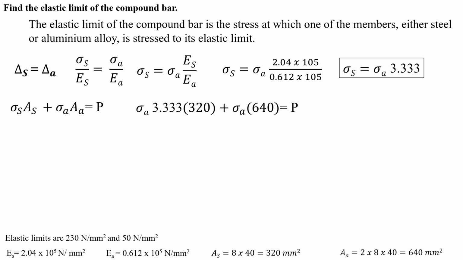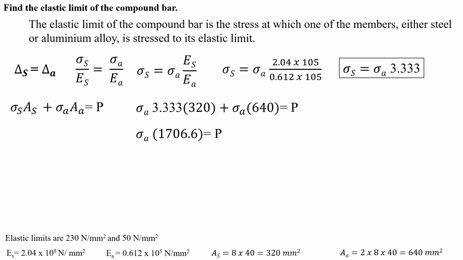Substitute here, and also we know the cross sectional areas of the steel and the aluminum. Then this equilibrium equation can be written as sigma A into 3.33 into 320 plus sigma A into 640 equals P.